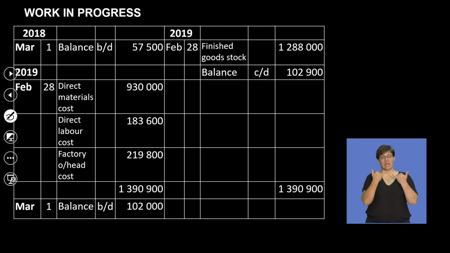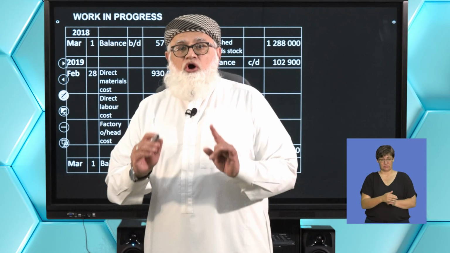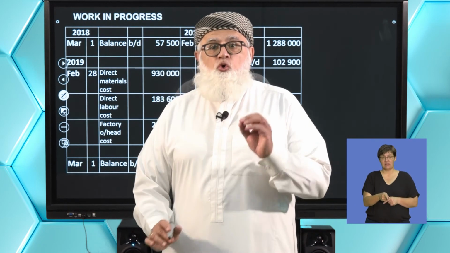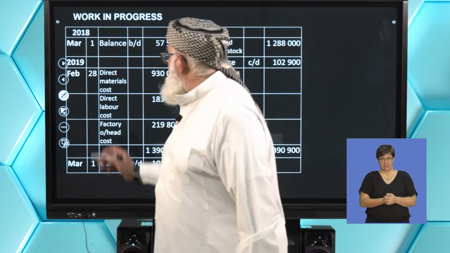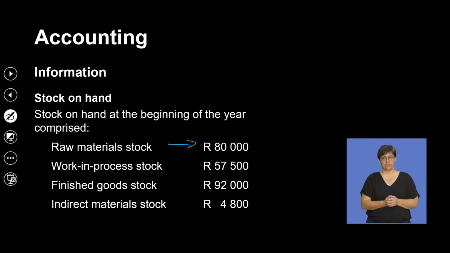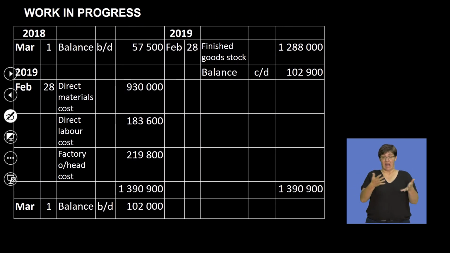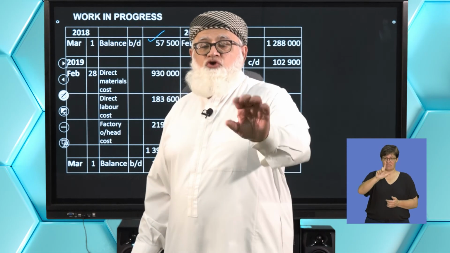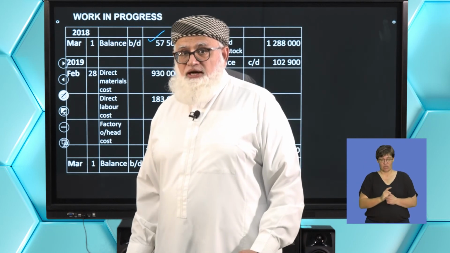So here we now come into the work in progress account. Once again, you start off your work in progress account with the opening balance, which was given to us, right? My work in process stock, 57,500. Therefore, you start off this account with your opening balance of 57,500. Right. Okay, you've got your work in process stock account.